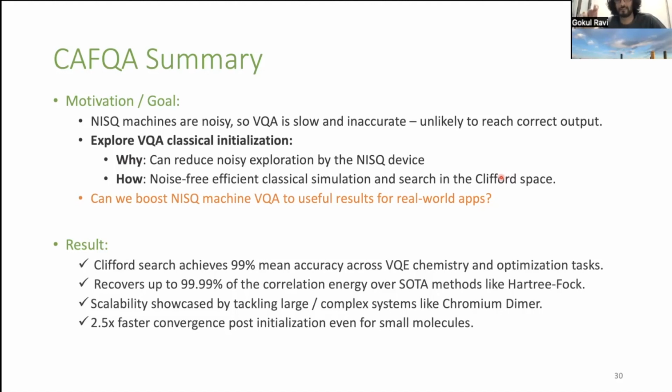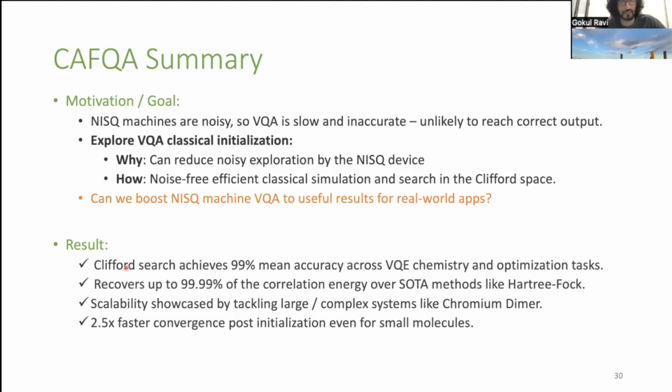So we first run a subset of the variational algorithm on this Clifford space alone on a classical computer in a noise-free manner, because this is efficiently simulable. We find the best position within the Clifford space, and then we move to the rest of the quantum space. The hope is that by using these techniques, in combination with error mitigation, we can find useful results for real-world applications.